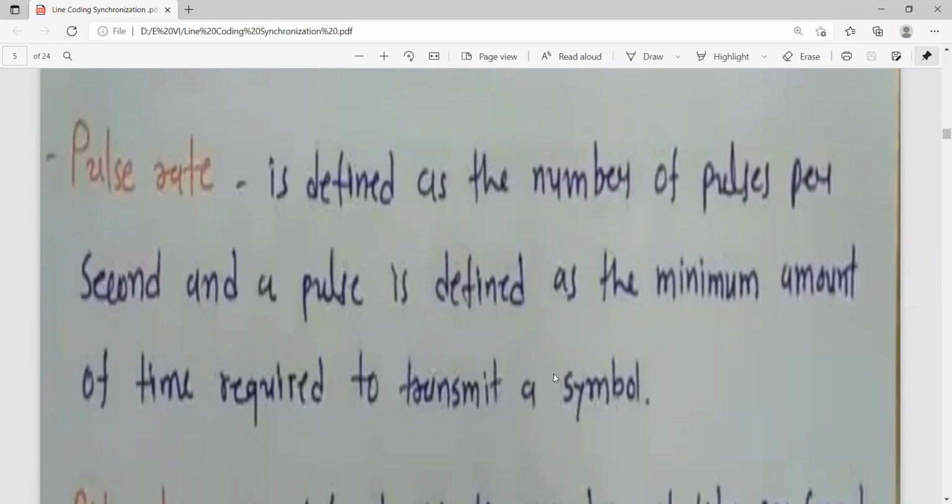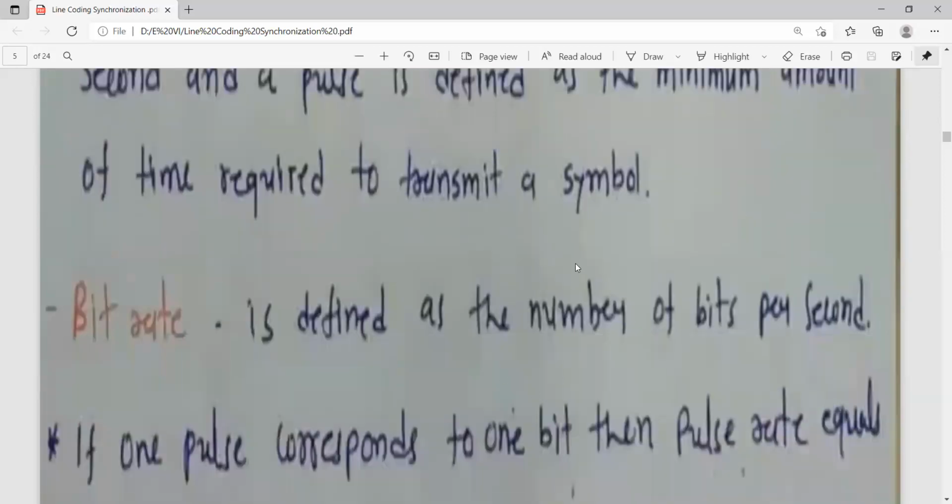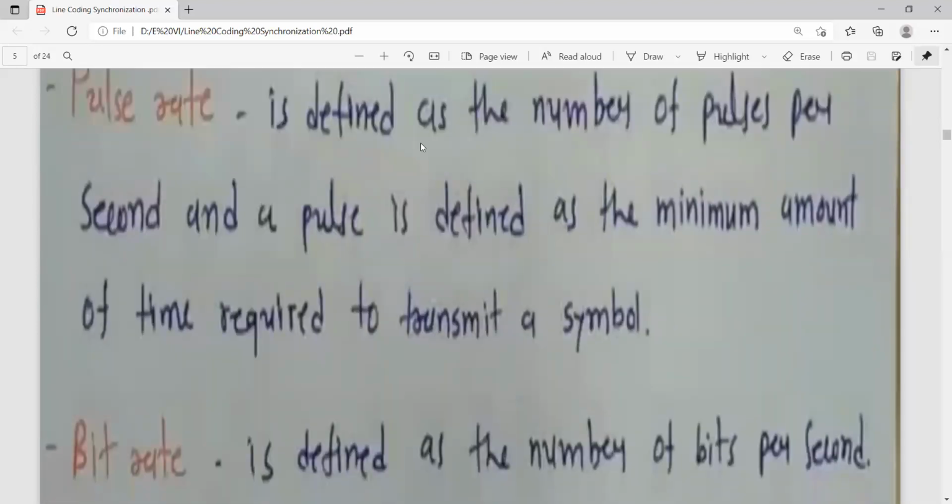That is generally a pulse. But that one can be split into half portions, then it is a bit format. So the bit rate is the number of bits per second, and the pulse rate is the number of pulses per second.